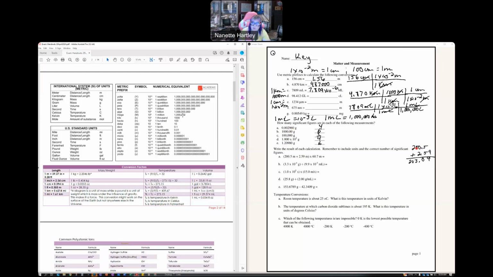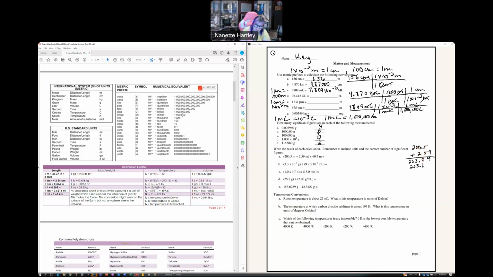So the 200.5 has less sig figs in it past the decimal place than this one does, 2.59. So our answer has to end right here in that first decimal place, which means that I have to round this up, which gives me 203.1. Right, so that's the number that I would come up with for that.